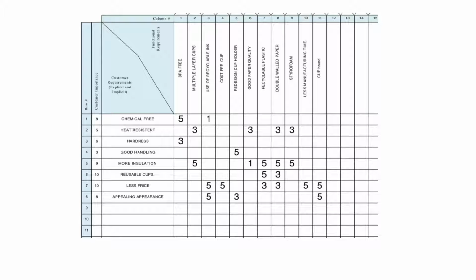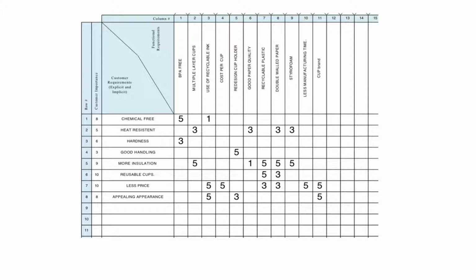Good paper quality is again attached with heat resistance and more insulation. Recyclable plastic is again a good point from a sustainability point of view for the manufacturing unit. It is related with more insulation, because the reusable plastic now comes with thermal walls, on a styrofoam or whatever solution we use for them.